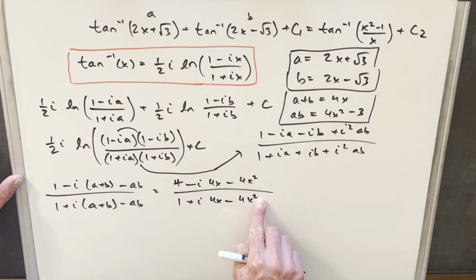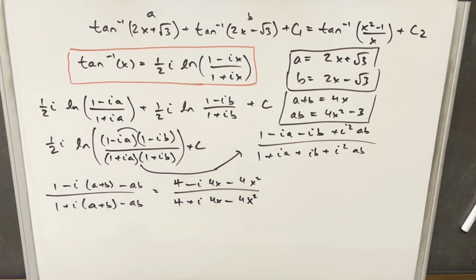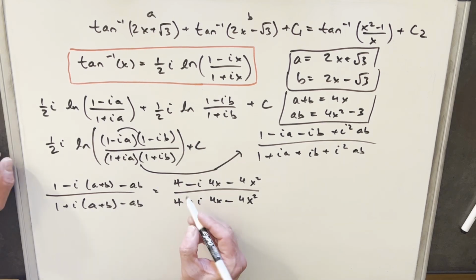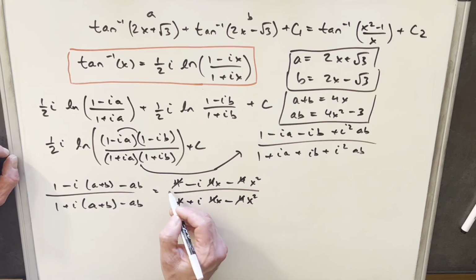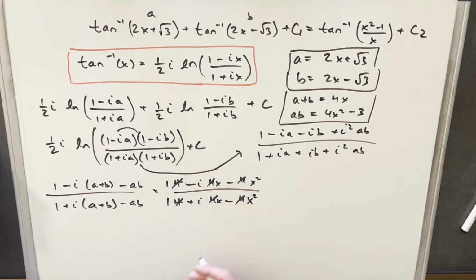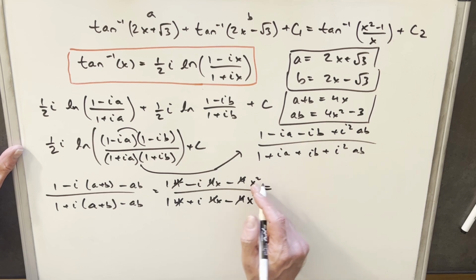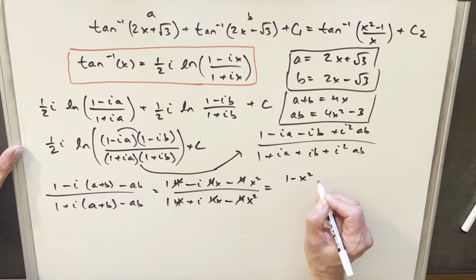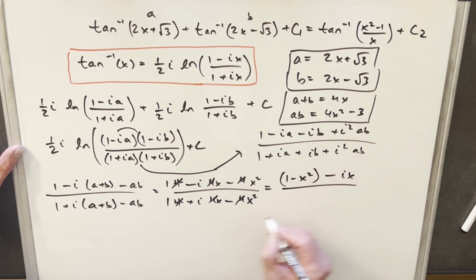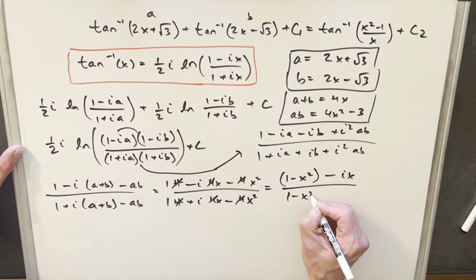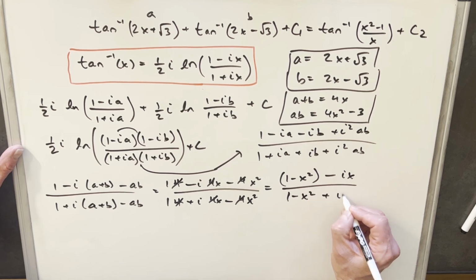Because we have a 4 in everything, we could factor out a 4 and the 4's would cancel, but I'm just going to do it quickly like this. We're just going to cancel all these 4's, and these become 1's here. Then I'm going to rearrange this, bringing my 1 and my minus x squared together. So we're going to have 1 minus x squared minus ix, and down here we'll have basically the same thing, but with a plus ix there.